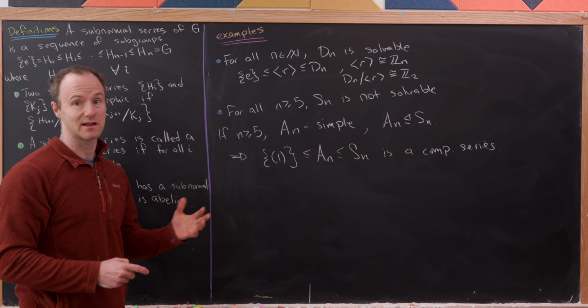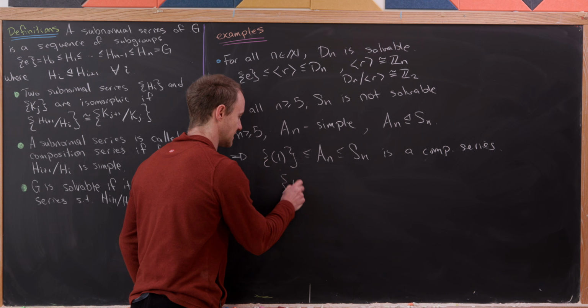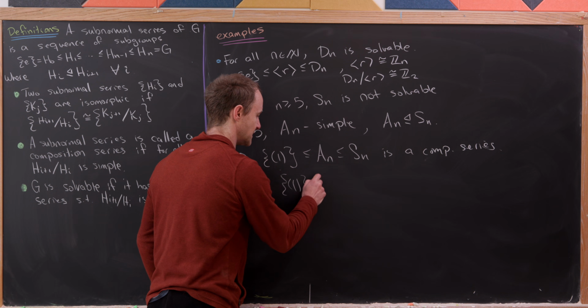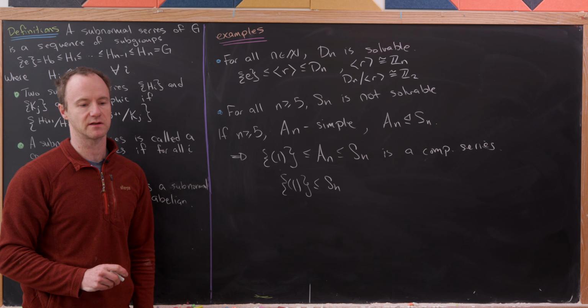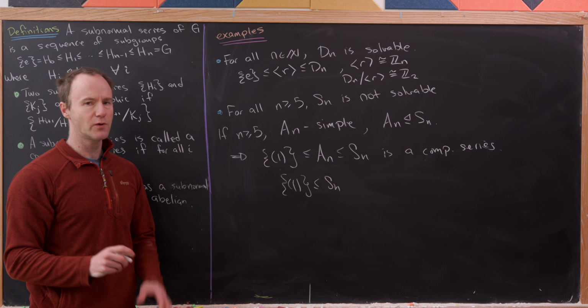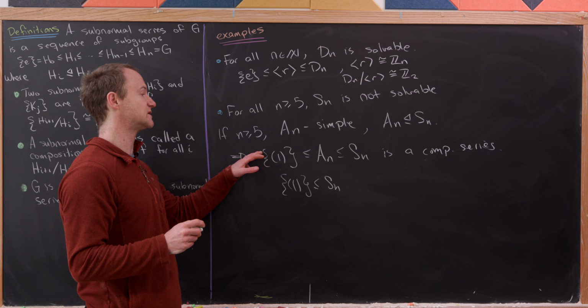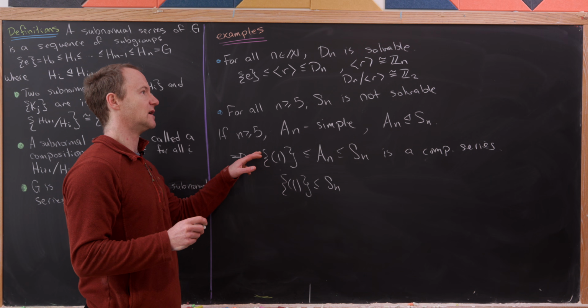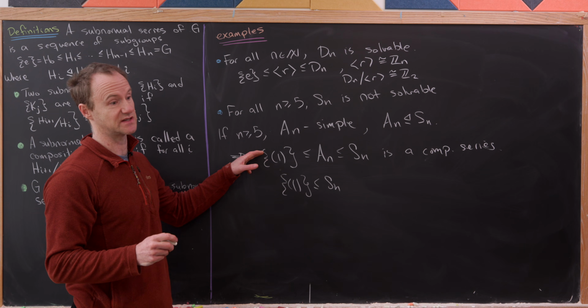But then if we had a length 1, well, then we would just have the trivial group up to S_n, but then our quotient is also not abelian. So it's important that we had to use a couple of those results to get there. I guess we also use the fact that by our previous theorem, this is essentially the only composition series.